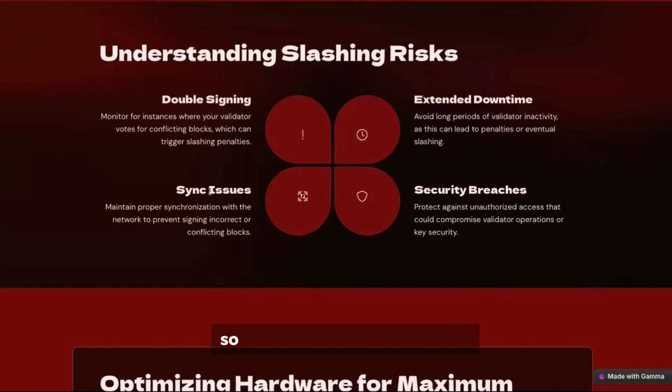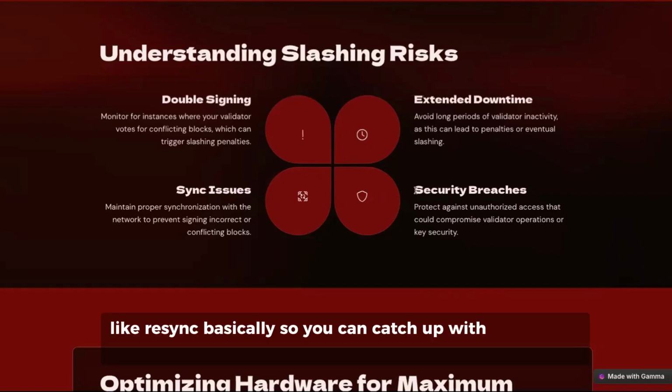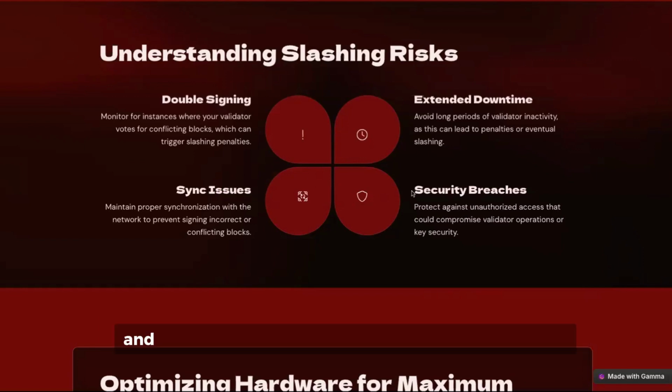So you need to sync fast, like resync basically, so you can catch up and then start performing without having issues with other validators in terms of signing conflicting blocks and transactions.